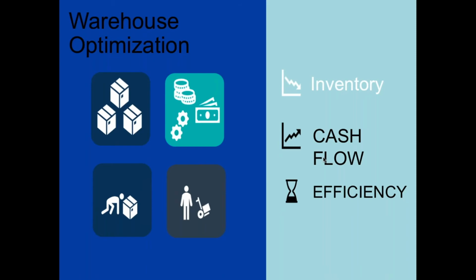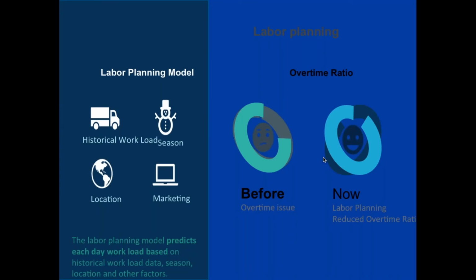So let's go and have a conversation with this person, whether they need more training or maybe this is not the right fit for their job. Again, this is a combination of the business intelligence tool, which is Cognos Analytics, as well as the predictive analytics, which is SPSS. The next is being able to predict my labor.